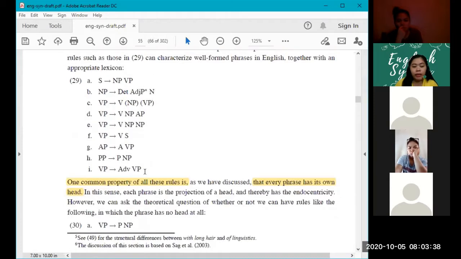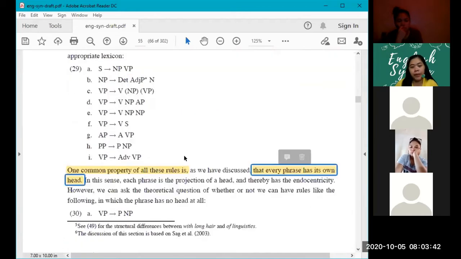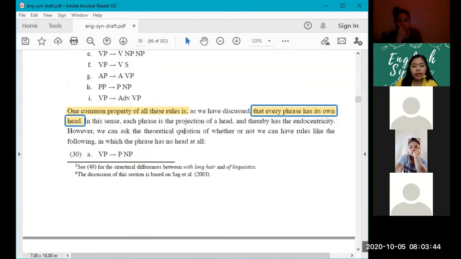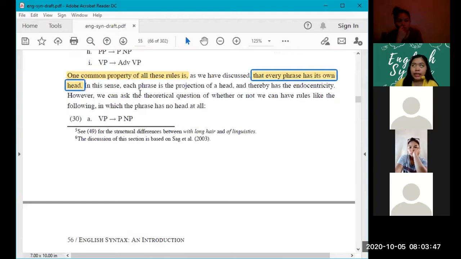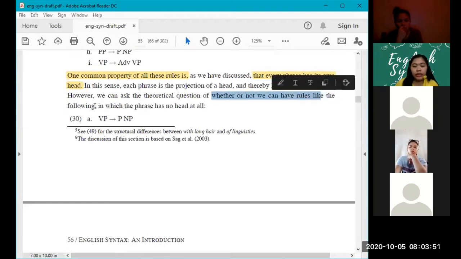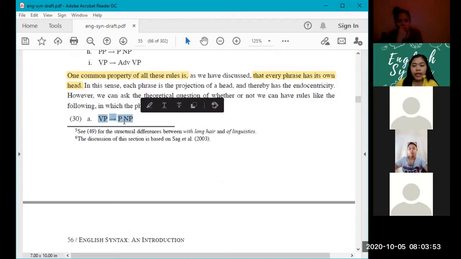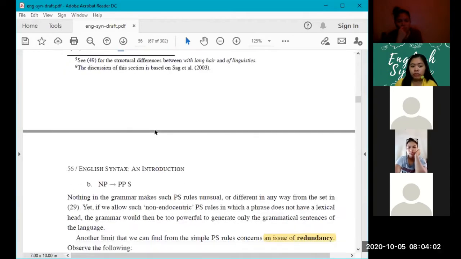One common property of the rule is that every phrase has its own head. But there are problems. There is a theoretical question whether or not we can have rules like the following. In a VP, can we have a PNP as the head of this phrase rule?